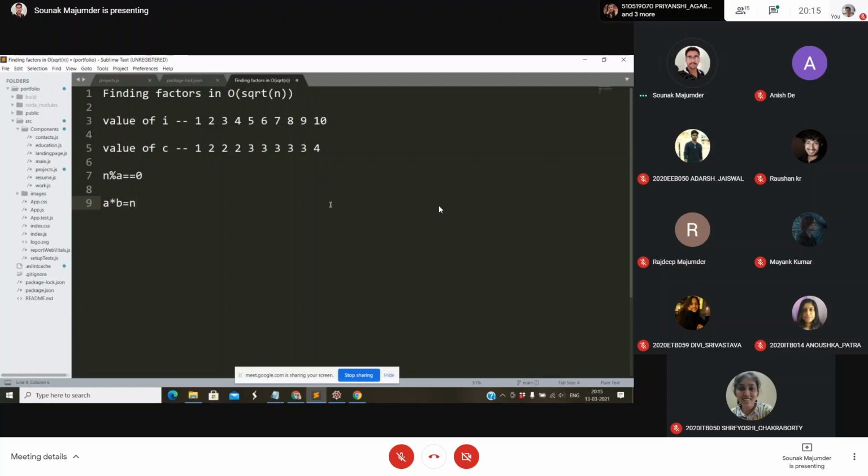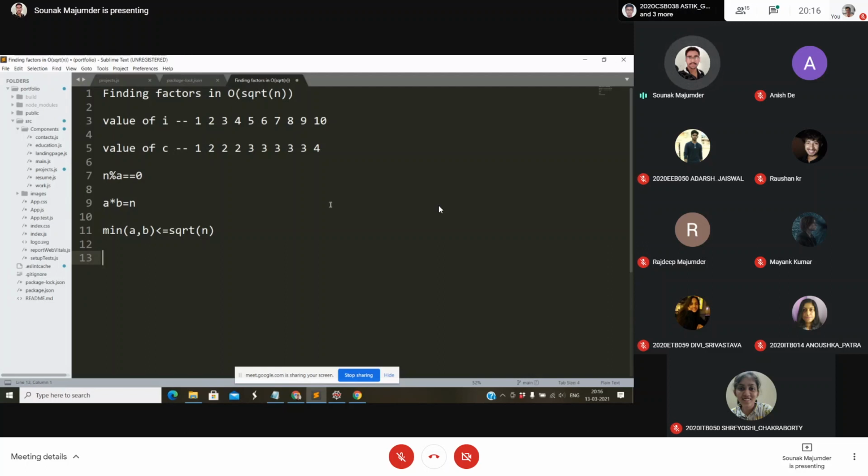Now the theorem states that one of the numbers between a and b has to be less than or equal to square root of n. This is a theorem. You can prove it if you are from computer science or IT. You will have this proof when you are in the third semester, so you will learn that there.